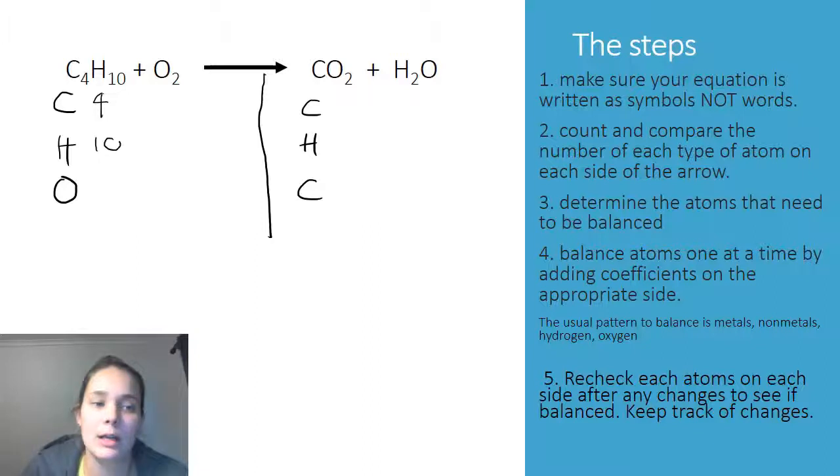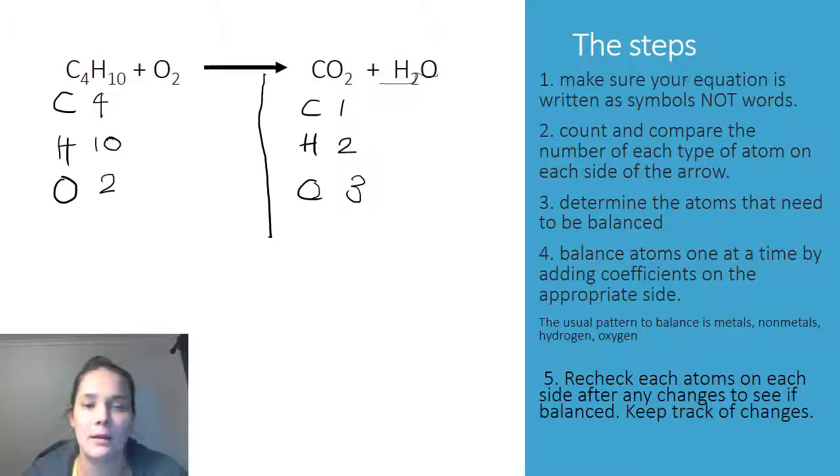H10 tells me I've got 10 hydrogens, and O2 tells me I've got 2 oxygens, and that should be an O, not a C. This side, I've got 1 C, here I've got 2 oxygens, and here I have 1 oxygen. 2 plus 1 gives me 3, and my H, this bit here, is a little 2.